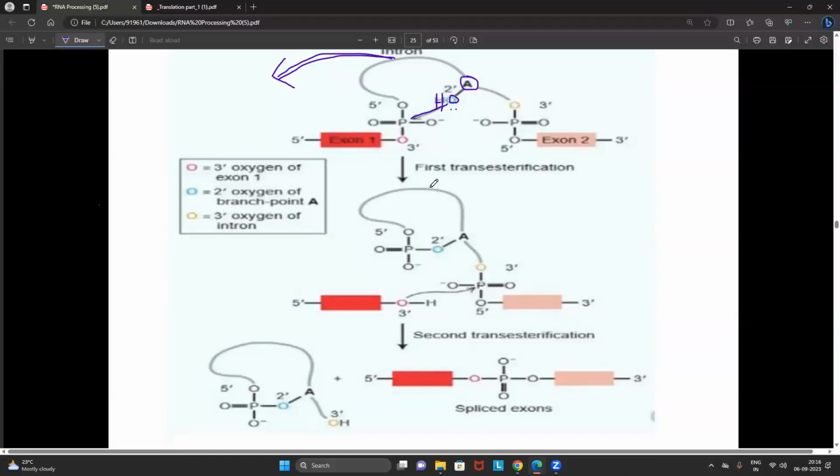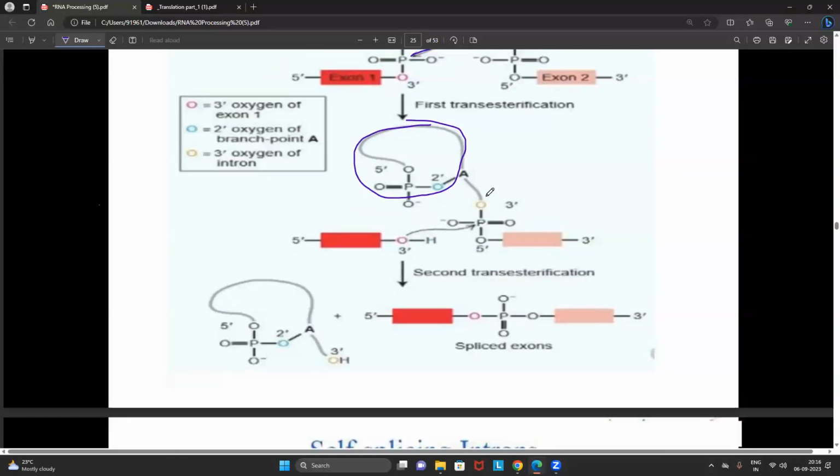Now, friends, you can see this picture, right? This intron came out, but we still have a little more intron left in the 3' direction. Now, what is happening? The OH group present at the 5' splice site will go and cut. Listen, everyone.